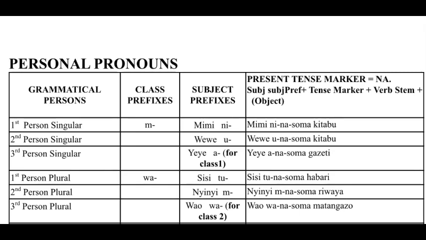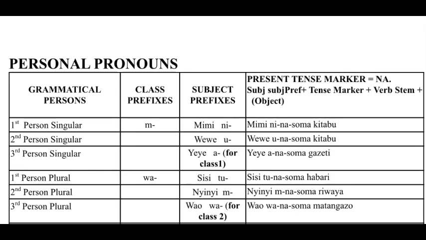When we get to the plural categories, the first person plural is Sisi, and Sisi goes with Tu. Second person plural is Nyinyi, and Nyinyi goes with M. Third person plural is Wao, and Wao goes with Wa.